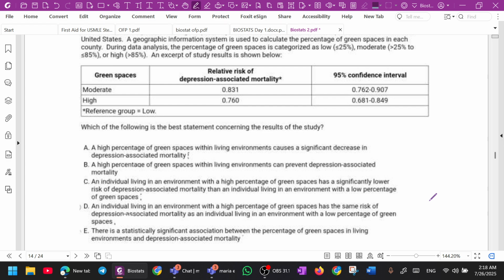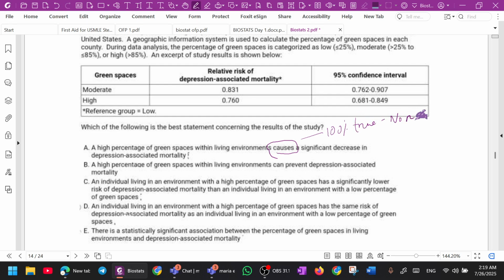If you want the cause, you usually do an RCT where you follow the patients and give a drug. The RCT usually finds the cause. But case control, you just test a hypothesis: there is increased risk, decreased risk, increased odds, decreased odds, but usually not causality. So we can eliminate this one just because of that word. When they give you words like causes, it's usually not the right answer.